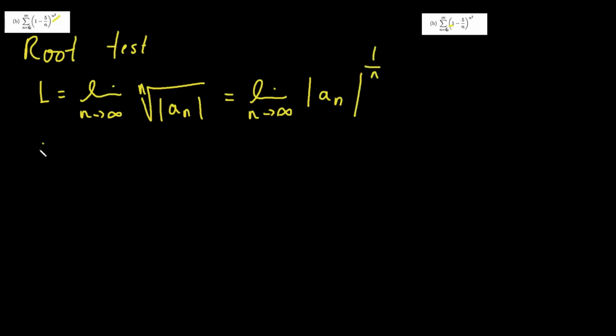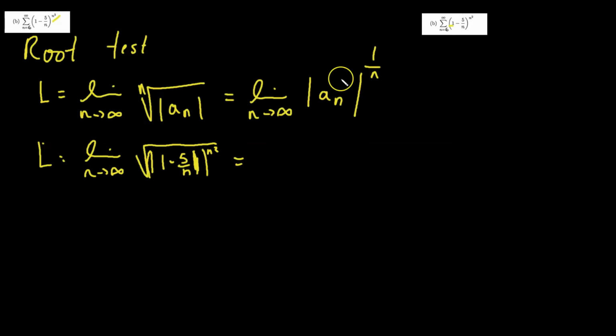So if I go ahead and plug in our series here, L equals the limit as n approaches infinity of the nth root of the absolute value of 1 minus 5 over n, like so, then in brackets to the n squared.